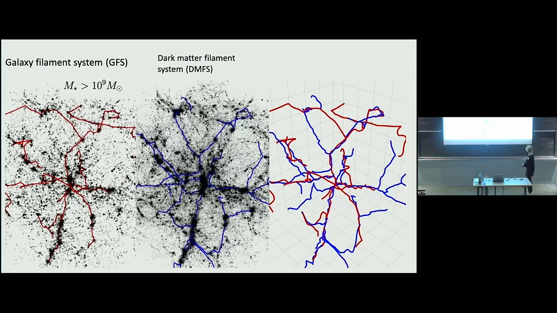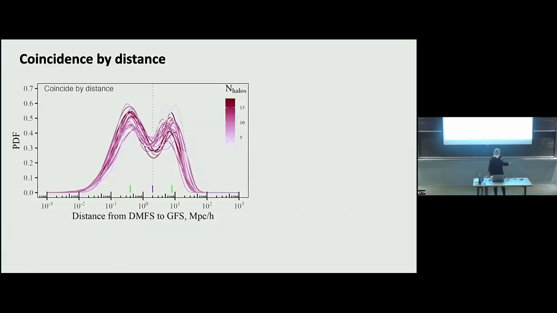For example, if we select a part of the blue skeleton, we try to find the nearest red one. And here is the probability distribution function for reference dark matter filaments, where we try to find the nearest galaxy filament system.